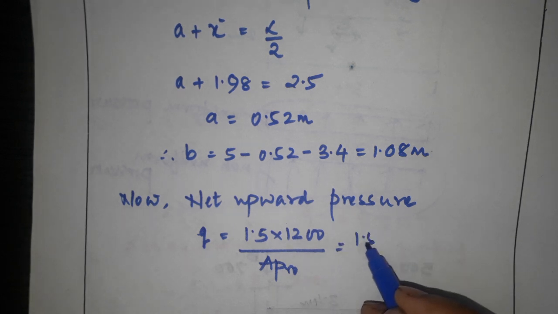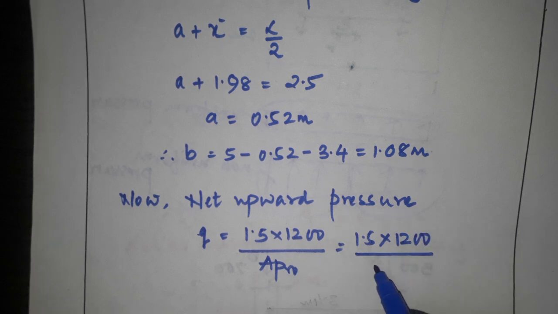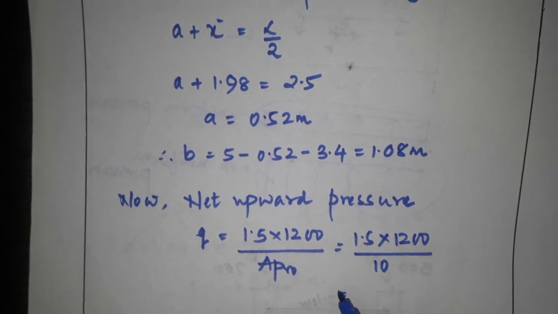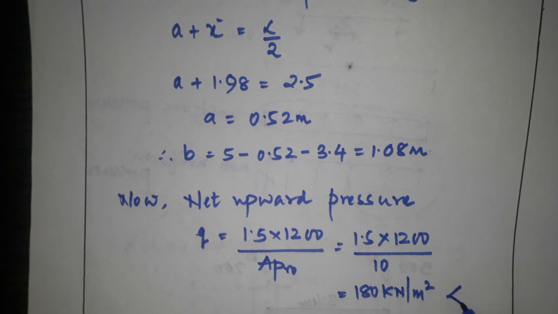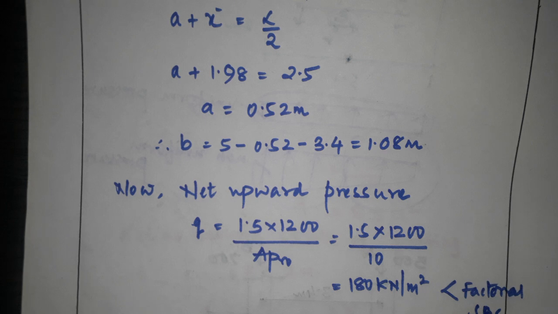So that is 1.5 into 1200 divided by the area provided, which is 10, which is equal to 180 kilonewton per meter square, and this should be less than the factored SBC. Always this upward pressure should be less than the factored SBC.